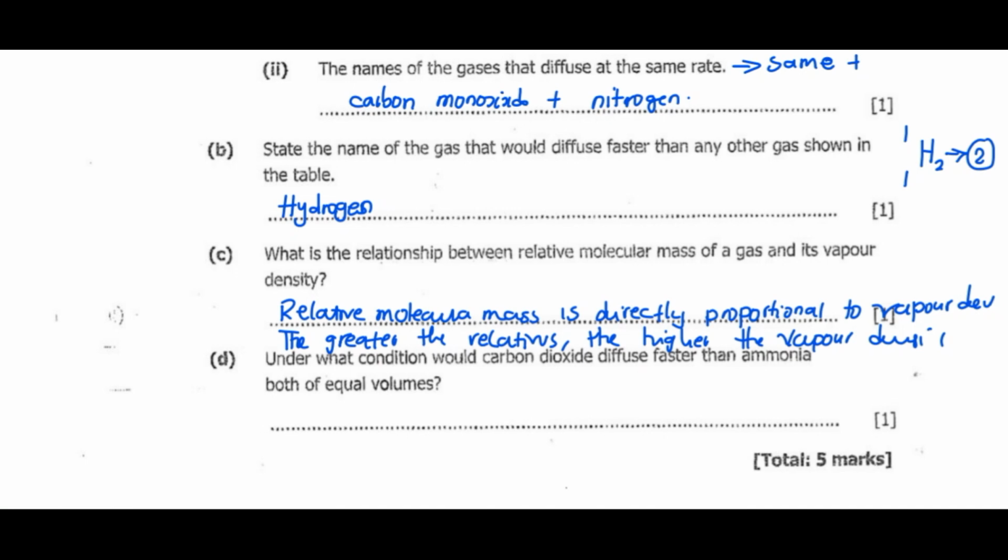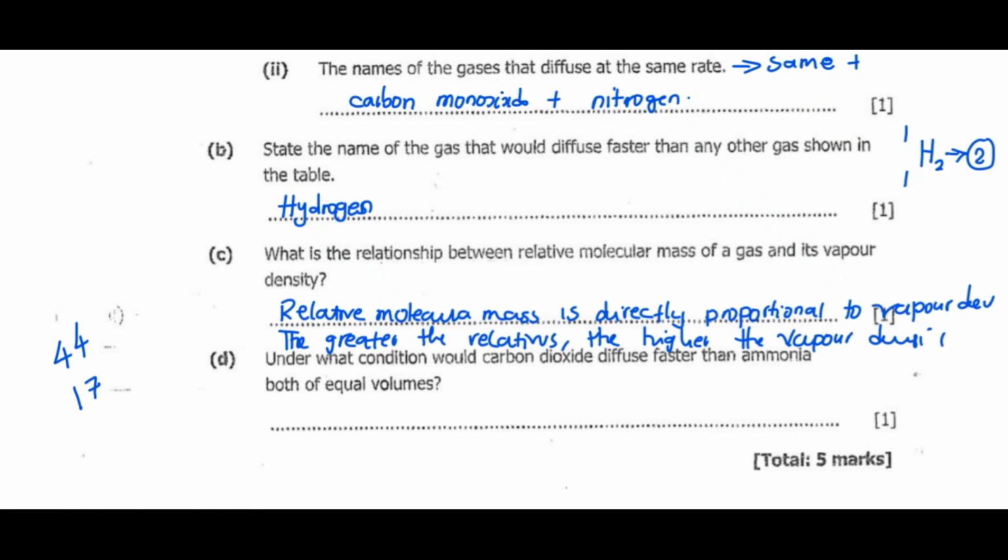So if you look at carbon dioxide, the molecular mass is 44. Now for ammonia, that is 70. Now, how can we make a gas that is heavier than the other one diffuse at a faster rate than the gas that is lighter?